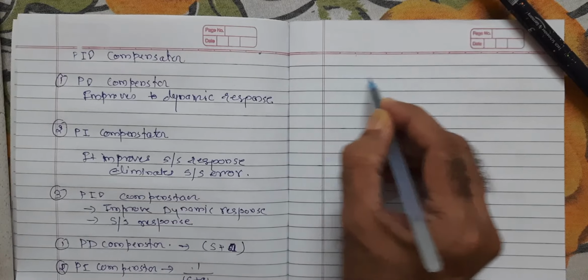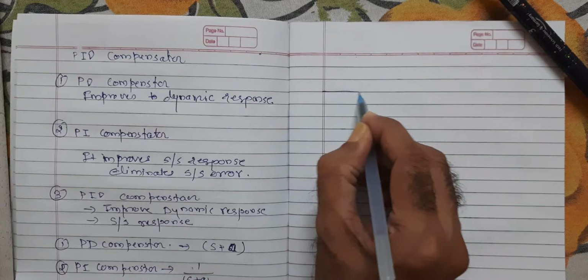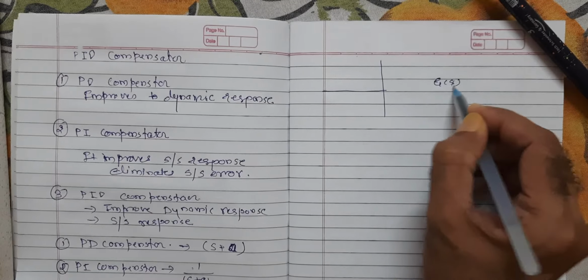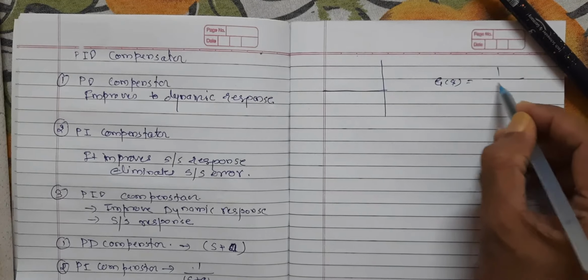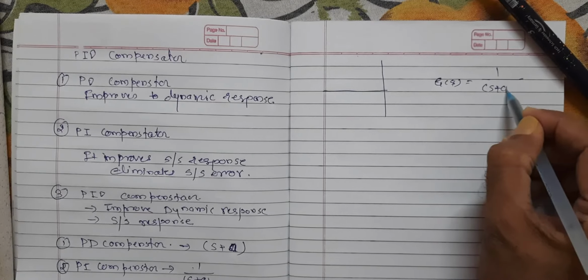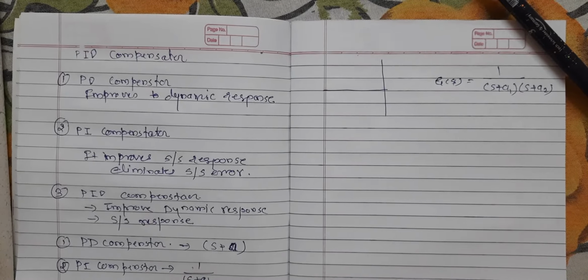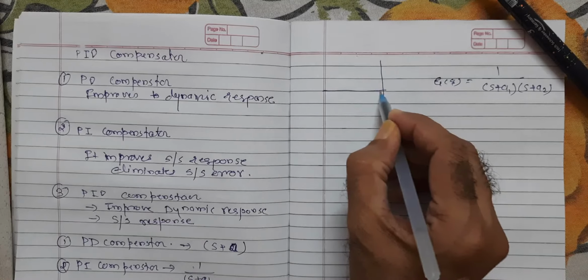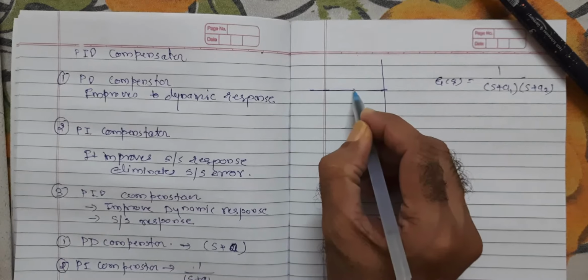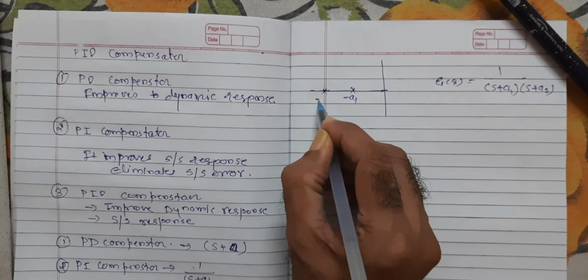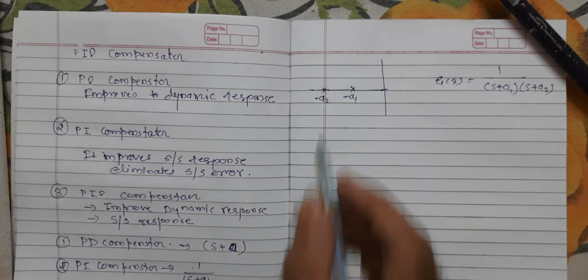suppose we have two poles. Now see here, we will draw the graph. G of s equals 1 over (s plus a1)(s plus a2). So this is minus a1, this is minus a2.